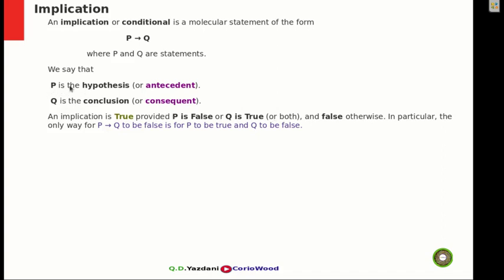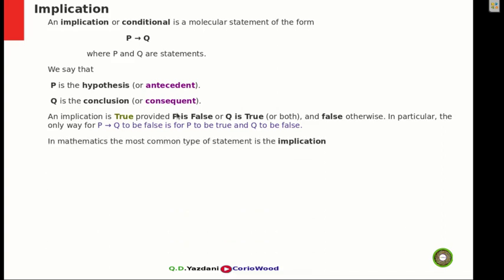So if this one is true and this one is false, then it's false. In particular, the only way for P implies Q to be false is for P, the hypothesis or antecedent, to be true and Q to be false. If Q, our conclusion or consequent, is false, then it makes it false.